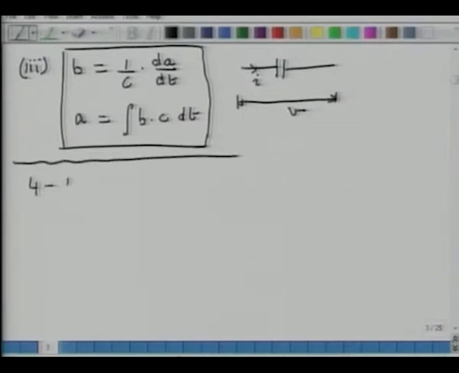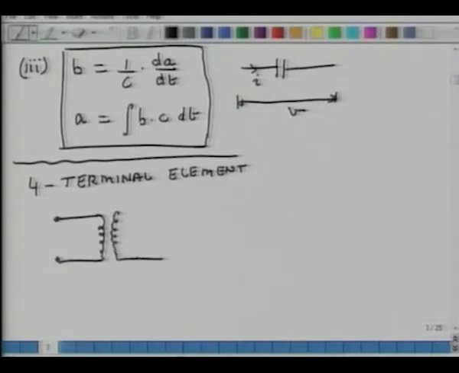Four-terminal element. So can you guys guess a four-terminal physical device which has four nodes? Transformer. Exactly. So what you have is, these are two terminals, and then the other two terminals are here.